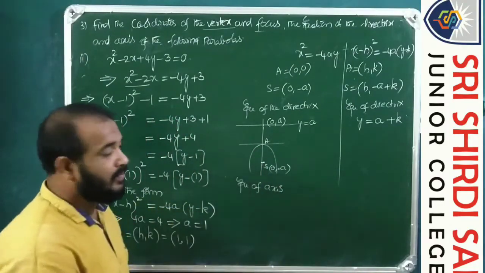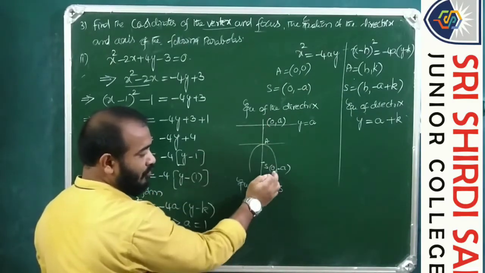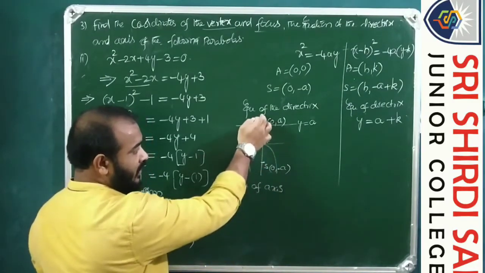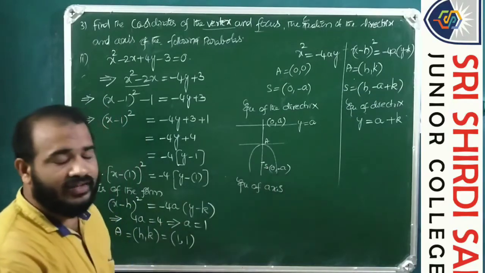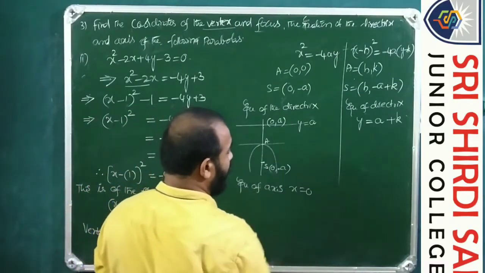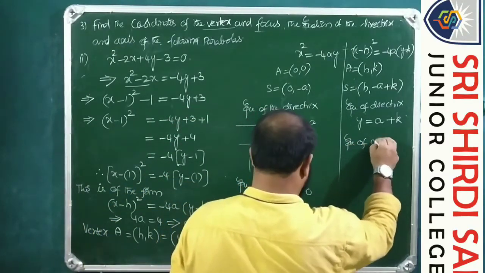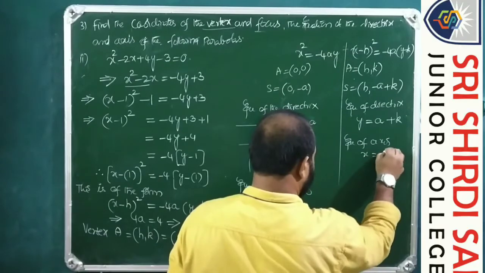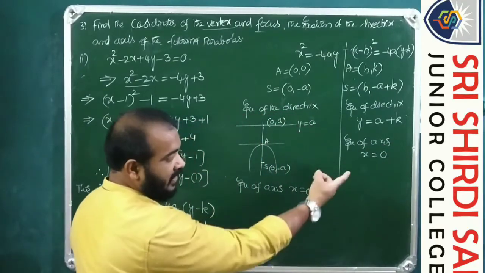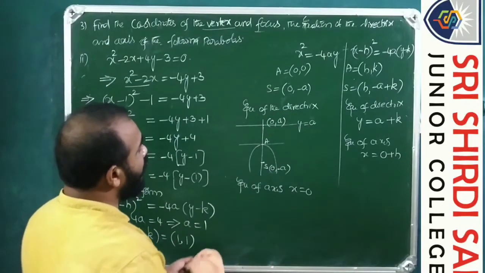That line which is passing through the focus. Which line is passing through the focus here? It is the y axis. What is the equation of the y axis? x equals 0. But here the equation of the axis is x equals 0 with h additionally added. So this is what we need to find out.